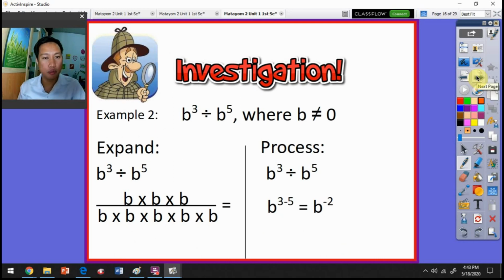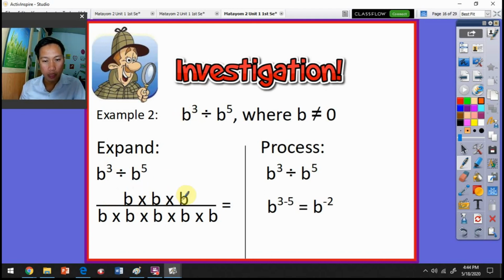Okay, let's have example number 2. So example number 2, you have b to the power of 3 divided by b to the power of 5. So we're going to investigate what happens if it's true also on variables. It's true with numbers. Will it be true with variables? Let's check.